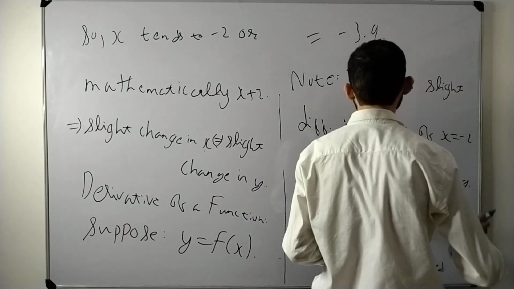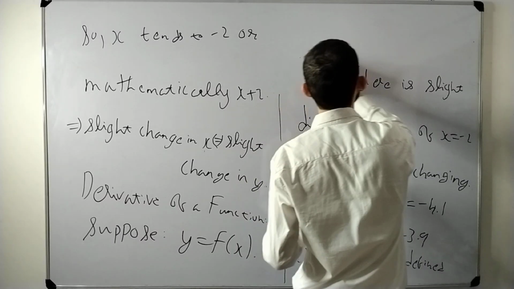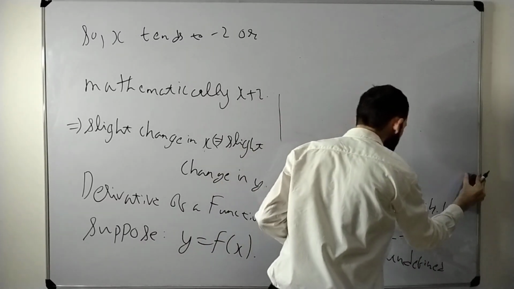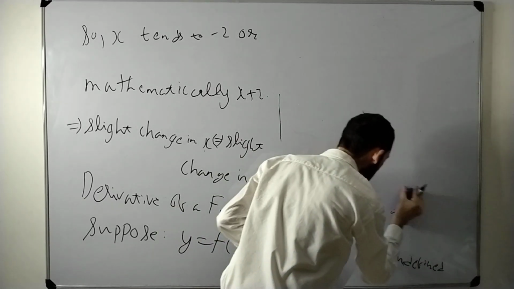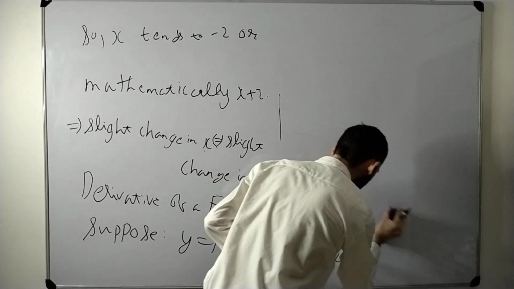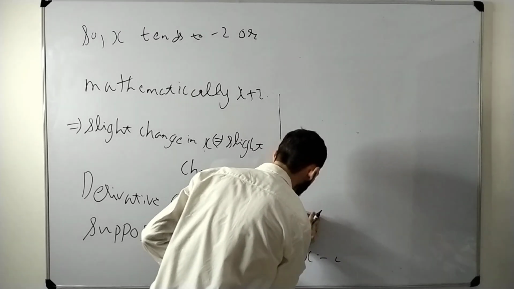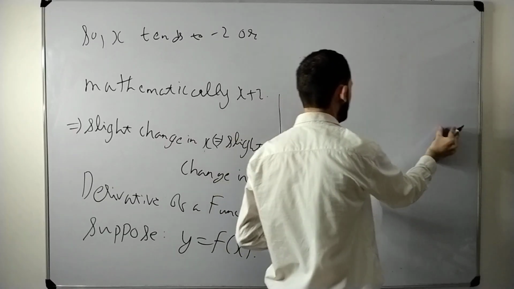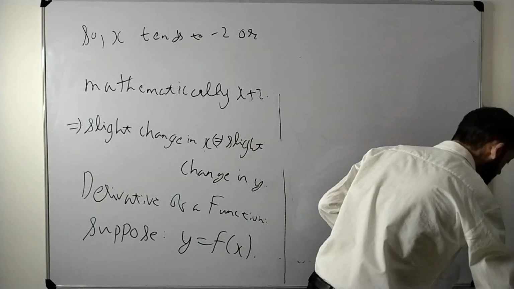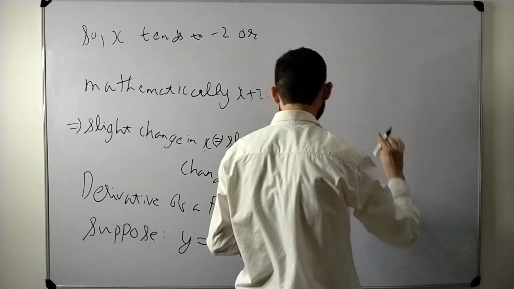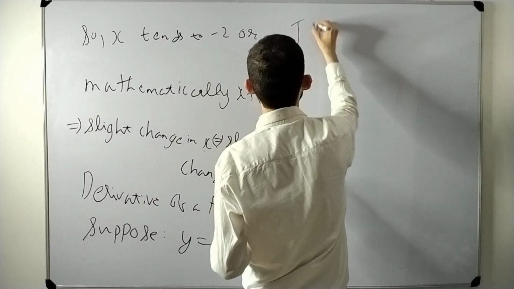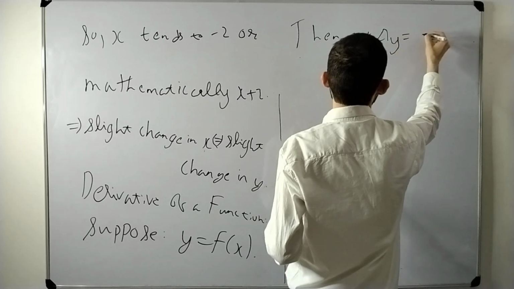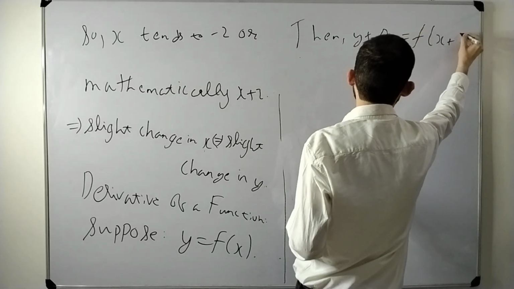Then y plus del y, what is it? We are not getting anything. Let me show you. Then y plus del y is actually a function of x plus del x.